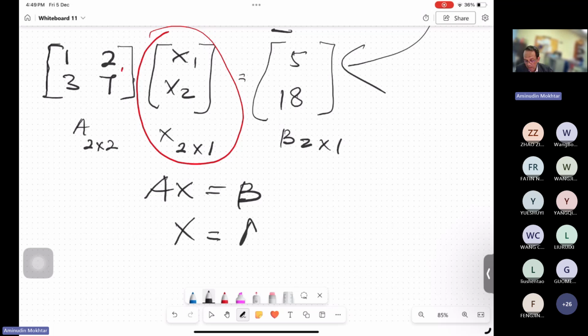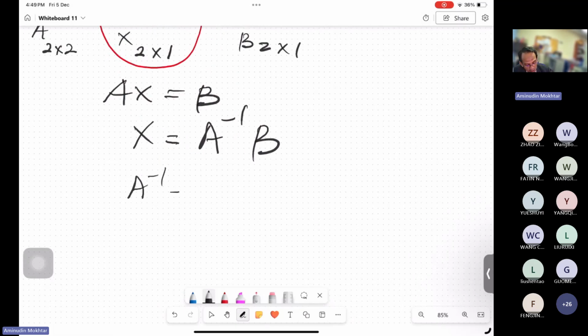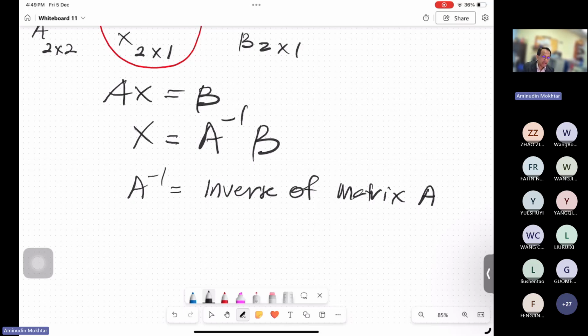X equals A to the power of -1 B. This A^-1 is called the inverse of matrix A. So what is the inverse of matrix A? That is the question that we need to solve.